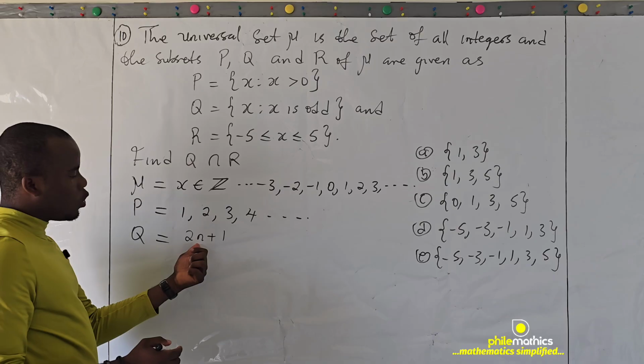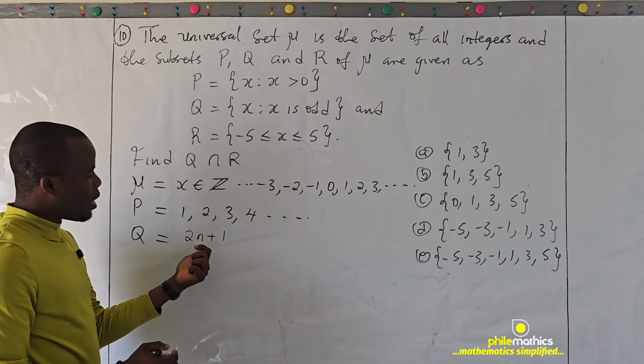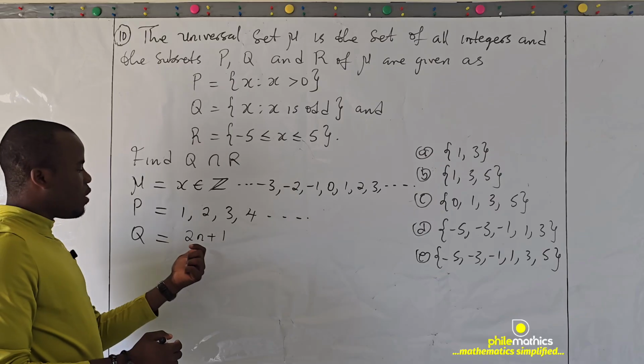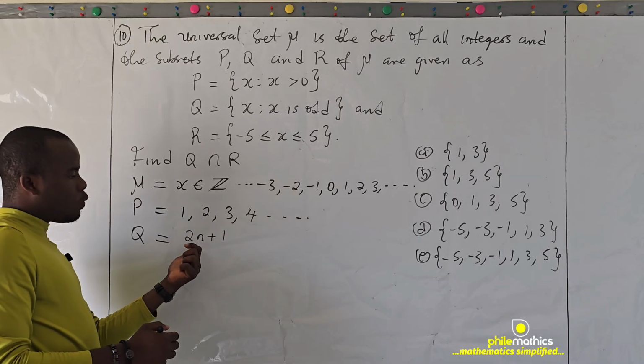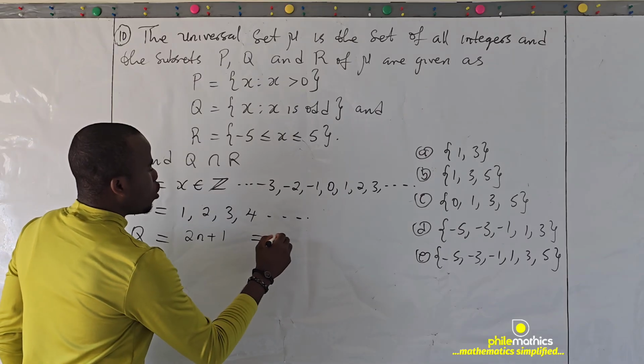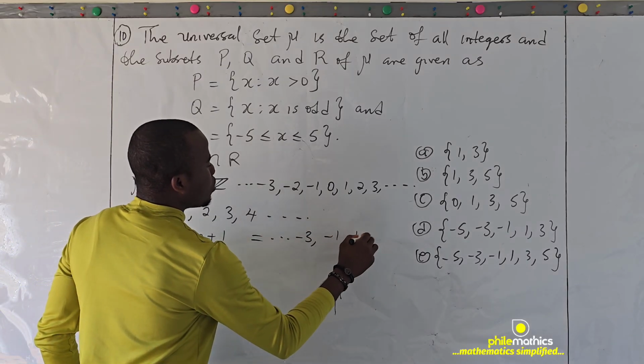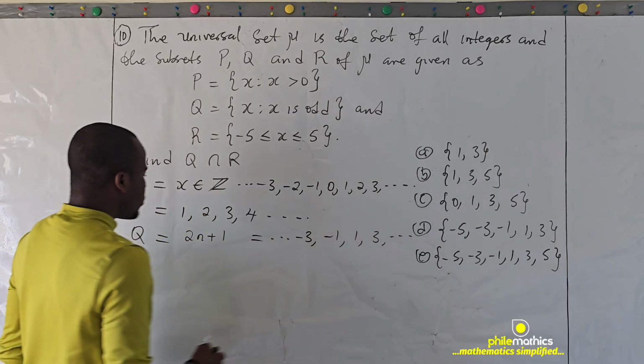So if n is -1, 2 times -1 is -2 plus 1 is -1. If n is -2, -4 plus 1 is -3. So this is dot dot dot -3, -1, 1, 3 and so on.